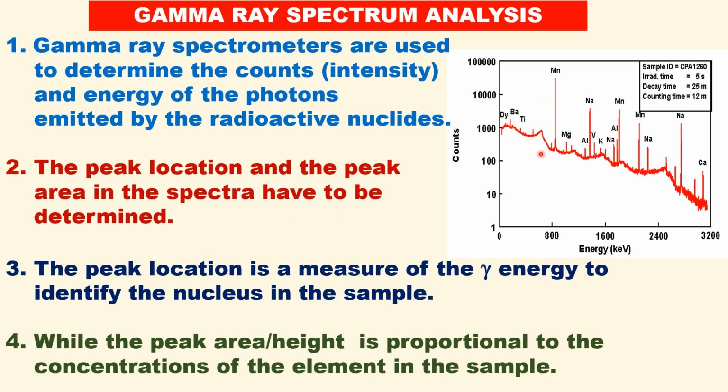The peak position corresponds to gamma ray energy to identify the nucleus present in the sample. For example, manganese will emit gamma ray of this energy, 800 keV, while the peak height or area is proportional to the concentrations of the various elements present in the sample.